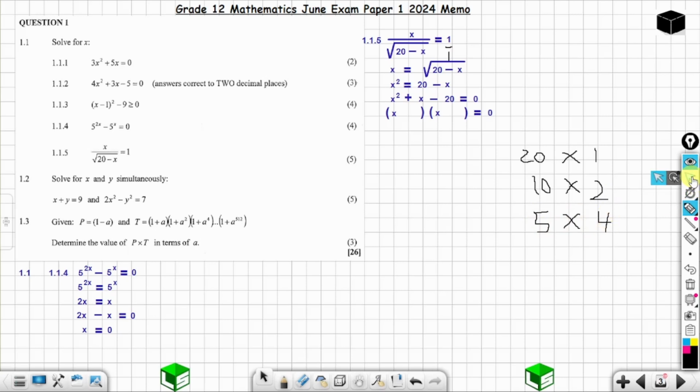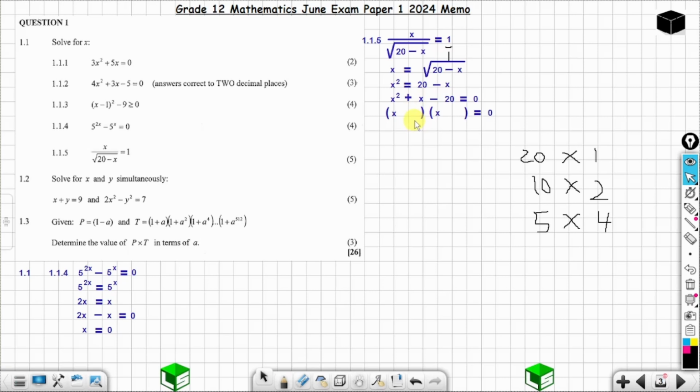Okay, so you need to have the middle term, which is 1. Okay, you have 1x. You need to have the middle term, which is 1. Can you see? From 5 and 4, you can have 5 minus 4. Okay, 5 minus 4, you have 1.